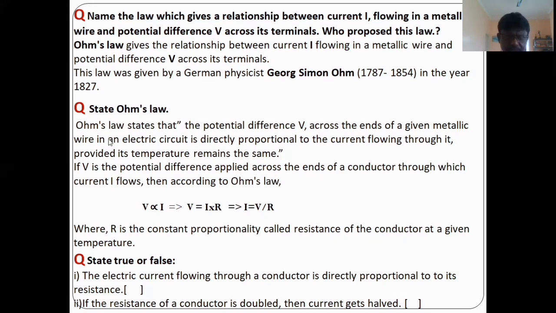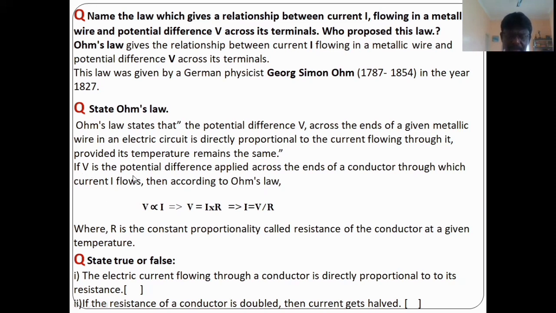State Ohm's law. Ohm's law states that the potential difference V across the ends of a given metallic wire in an electric circuit is directly proportional to the current flowing through it, provided its temperature remains the same.